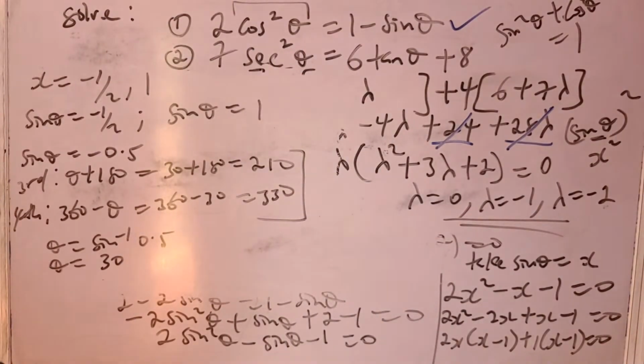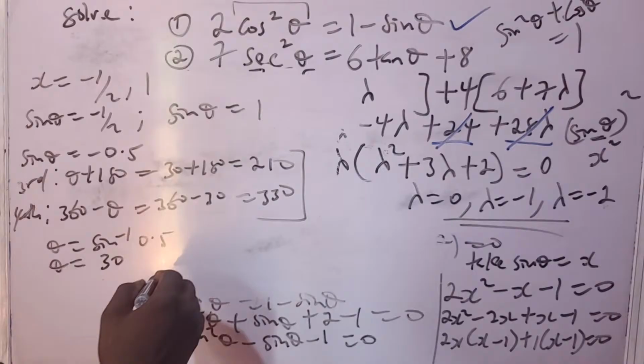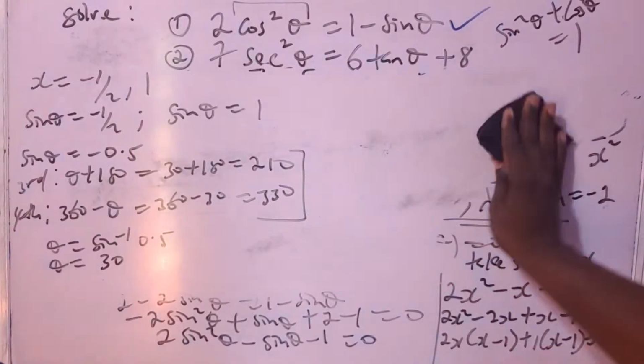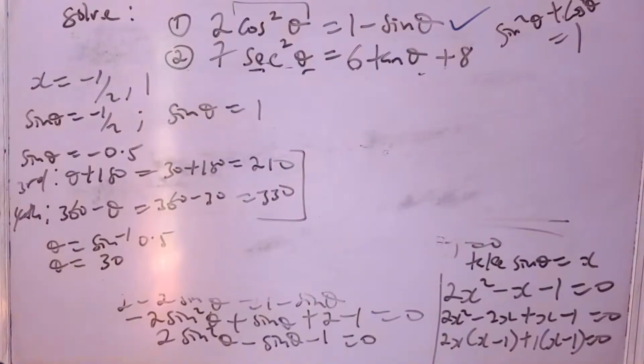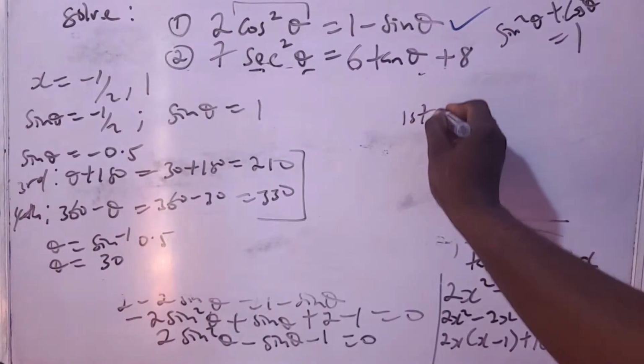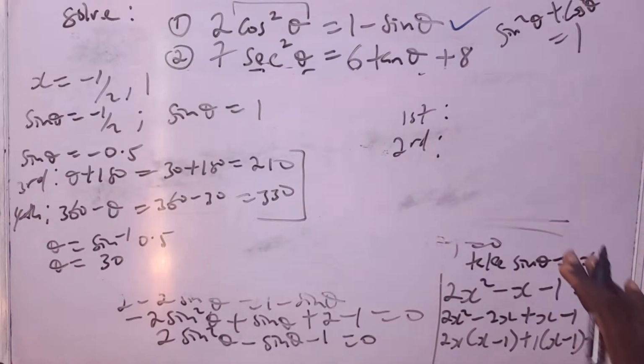Alright? So you want to go on and solve for sine theta being 1. In that case, you want to ask yourself, where is theta positive? Because we have positive right there. A very important skill to have: theta is positive in the first and the second quadrant. Of course, you know the first quadrant, you don't have any function in there.